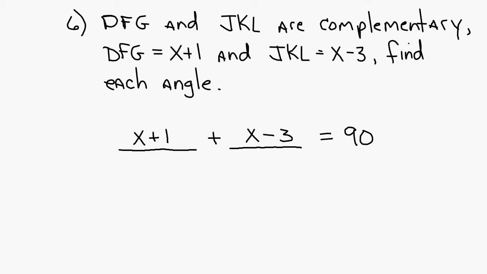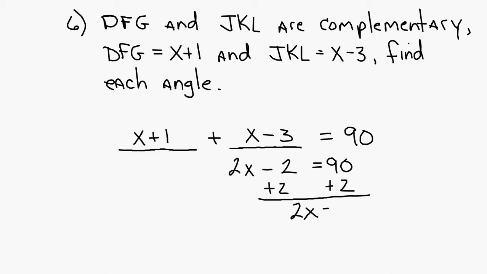So you can combine your like terms: x plus x is 2x, and 1 plus negative 3 is negative 2, and that's got to equal 90. If you add 2 to each side, 2x equals 92, and then you can divide both sides by 2. And x is going to equal 46.